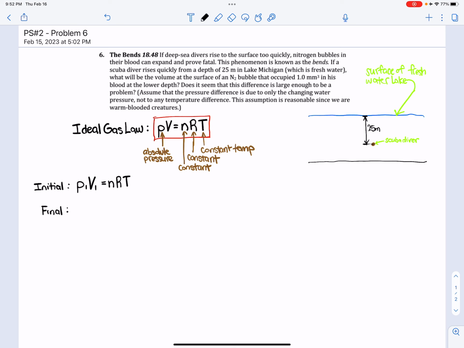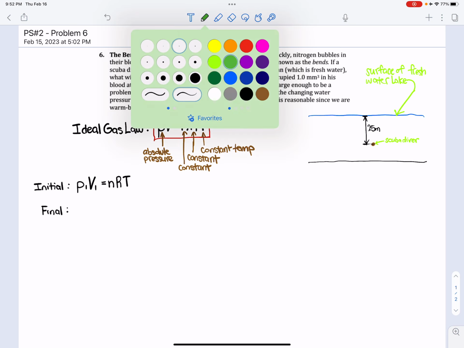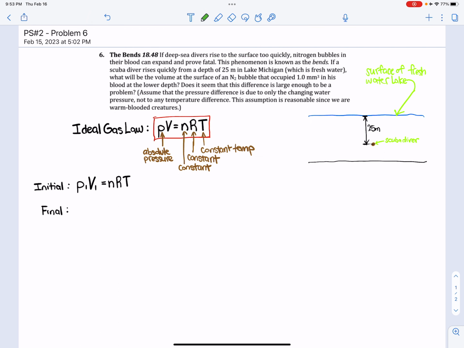And we know that this is constant. That's what we talked about right here. Temperature does not change. R is a constant, so that doesn't change. And we're still focused on the same nitrogen gas bubble from beginning to end, so the amount of gas doesn't change, so that's also a constant, okay? So these three things on the right side of the equation, they're constants.